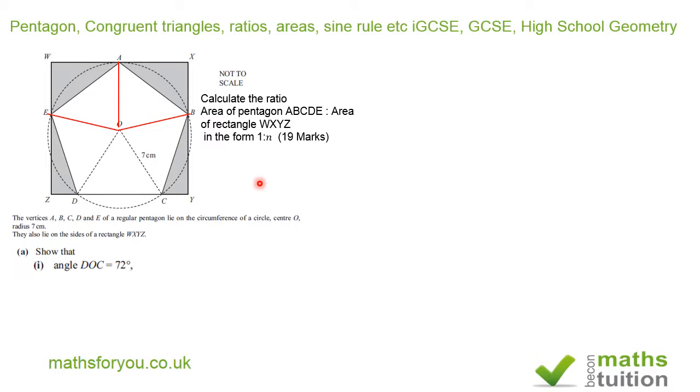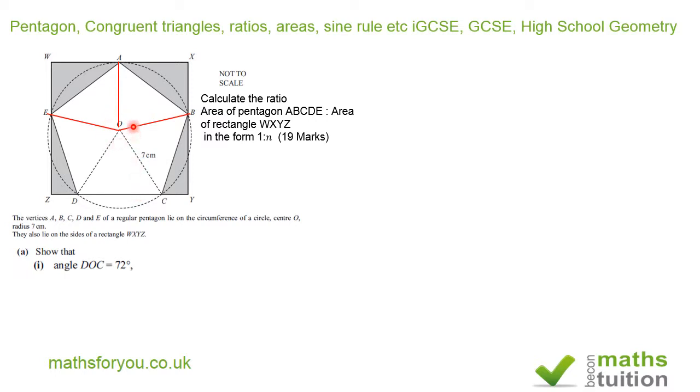Now these triangles are all isosceles because they have sides of 7 centimeters each, because that's the radius of the circle. The third side will be a side of the pentagon, and because it's a regular pentagon, all the sides are equal.